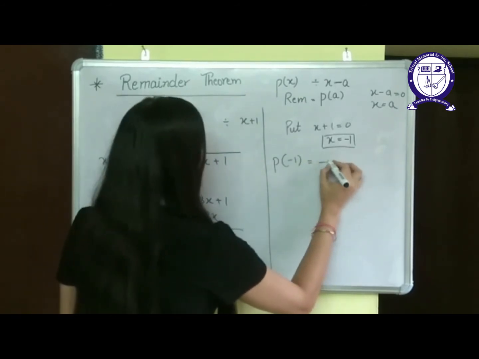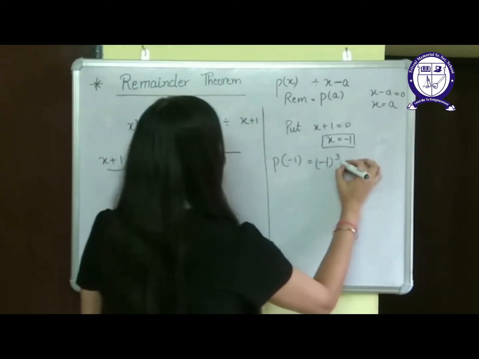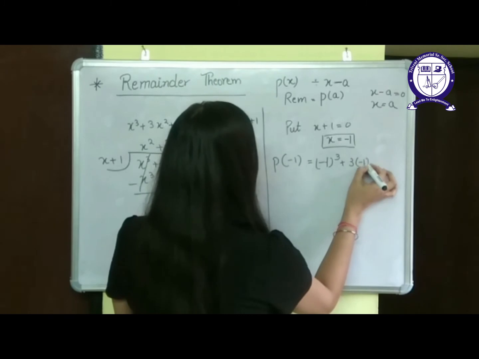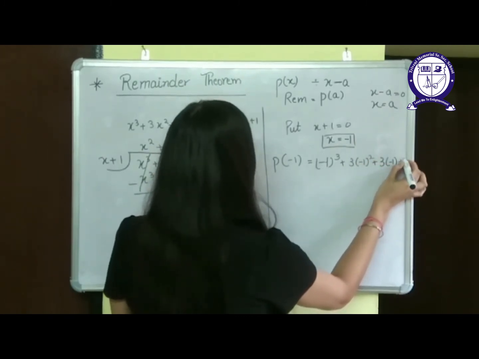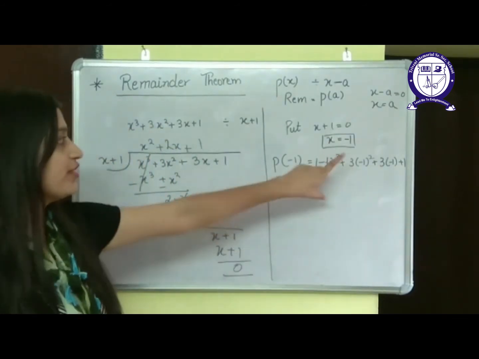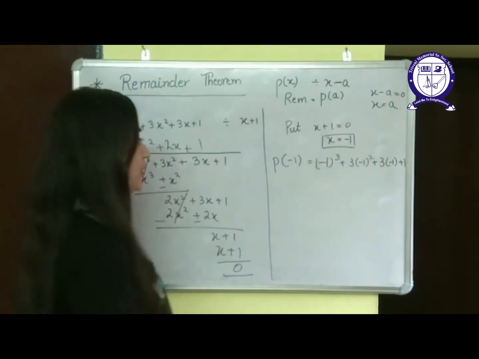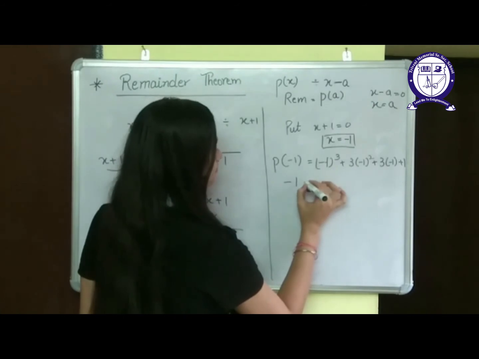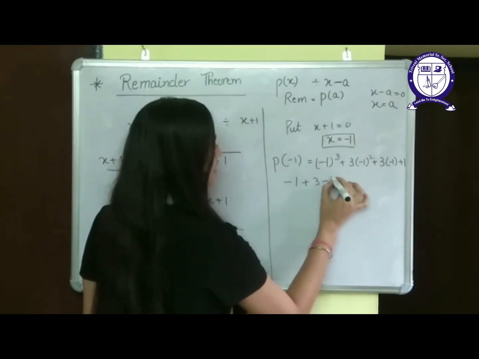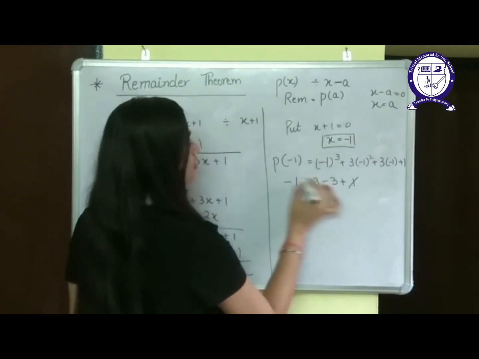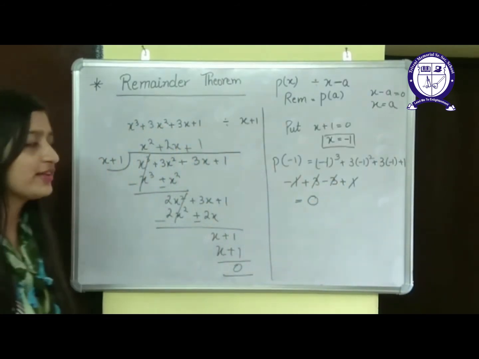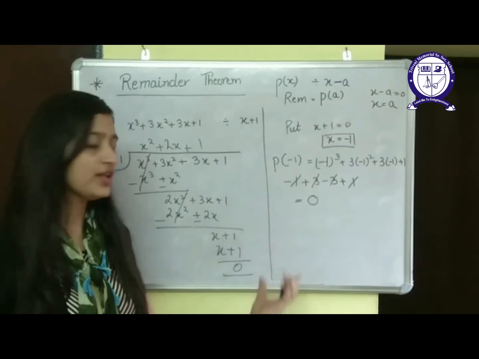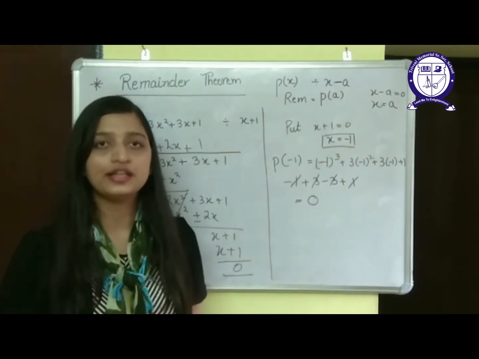That is minus 1 cube plus 3 into minus 1 square plus 3 into minus 1 plus 1. Right? I just put the value minus 1 in this polynomial. So I will get minus 1 plus 3 minus 3 plus 1, and my answer is 0. So no matter by what method we do it, we will get the same remainder.